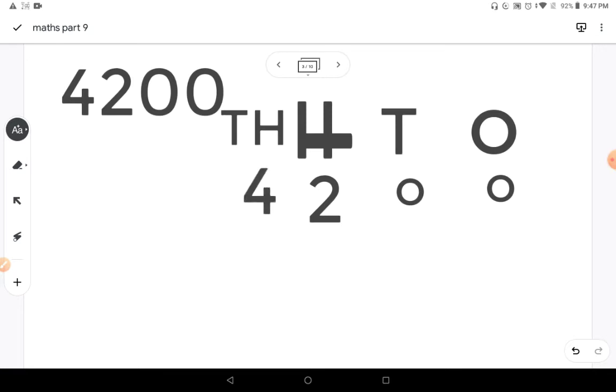Any number can be represented with the lowest place value. Here, what is the lowest place value? It is ones. So any number can be represented in ones terms with the whole value. So this is nothing but 4200 ones.